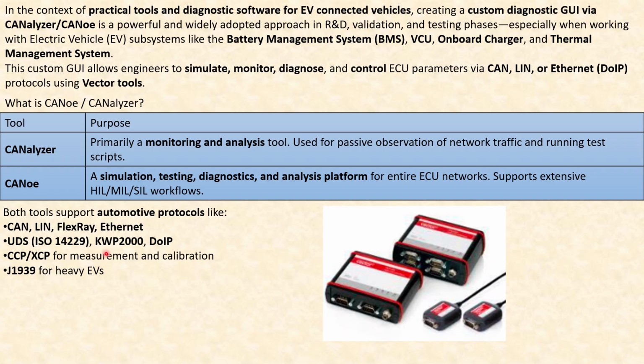Now, both tools support automotive protocols like CAN, LIN, FlexRay, and Ethernet, UDS, ISO 14229, KWP 2000, and DoIP. Then CCP, XCP for measurement and calibration, and J1939 for heavy electric vehicles. All right, so this is the standard which governs the tool support for automotive protocols for heavy electric vehicles.